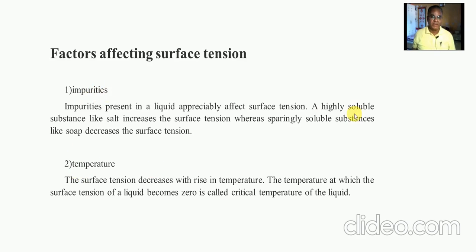When we add salt to the liquid, the surface tension increases, but when we add soluble substances like soap or detergent powder, the surface tension decreases, and as surface tension decreases, the liquid spreads easily over a large area, which is useful for cleaning, and therefore we use detergent powder or soap for cleaning clothes. Again, when we increase the temperature, surface tension decreases, and the temperature at which the surface tension of a liquid becomes zero is called the critical temperature of the liquid.